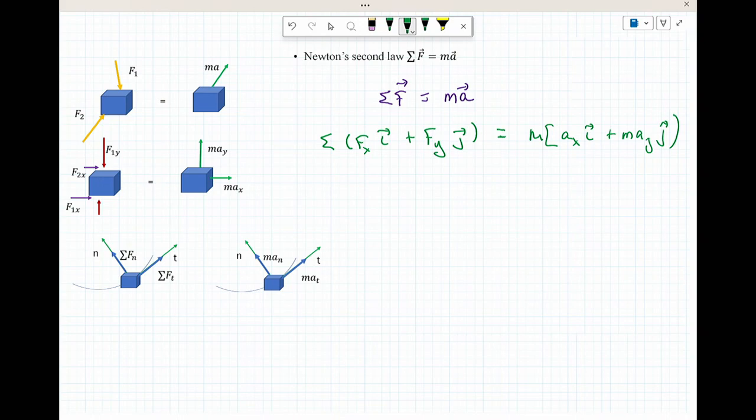So yes, your governing equation is sum of all forces is equal to the mass times the acceleration of the particle, which can go in any sort of direction it wants to. For now, I could add in an Fz and an maz term. I'm just not going to because we don't really deal with them here.